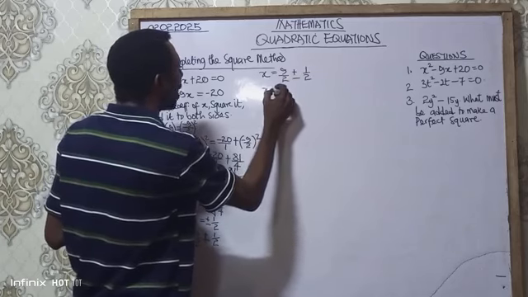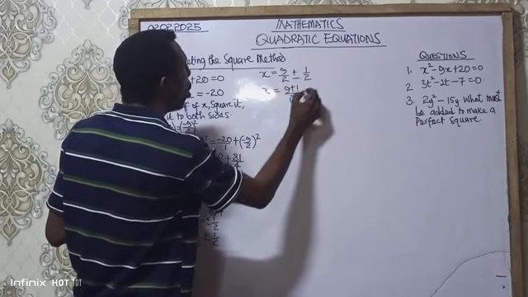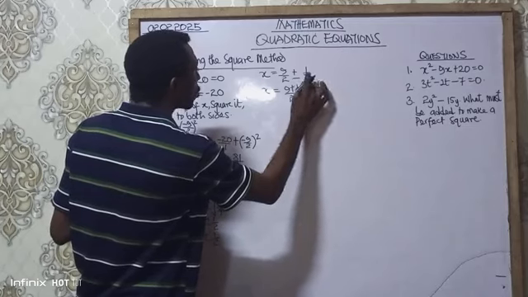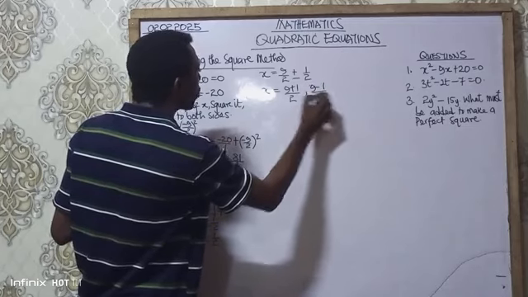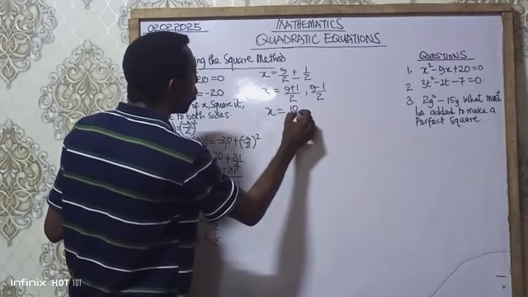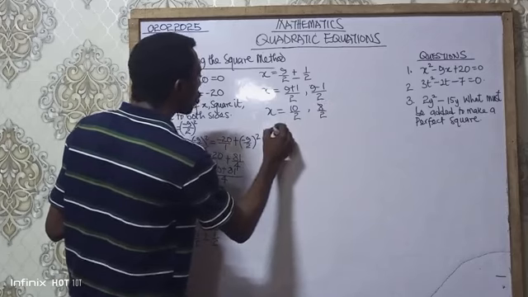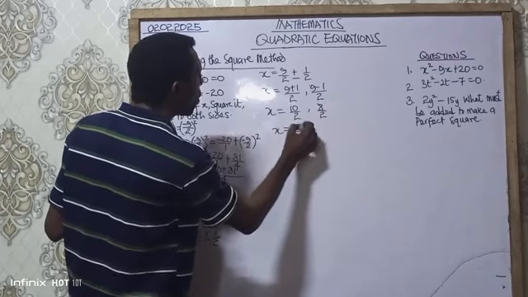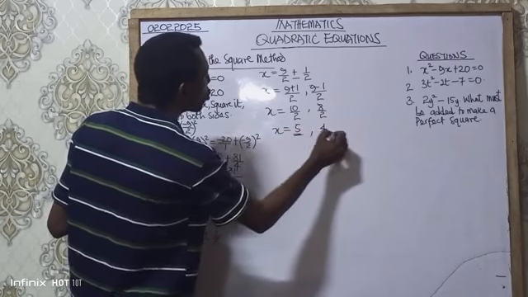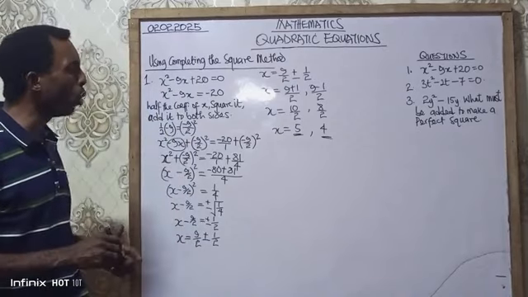So we can say x is equal to 9 plus 1 over 2, or 9 minus 1 over 2. So we have x is equal to 10 over 2 or 8 over 2. So x will finally give us 5 or 4. So these will be the two answers of that equation.